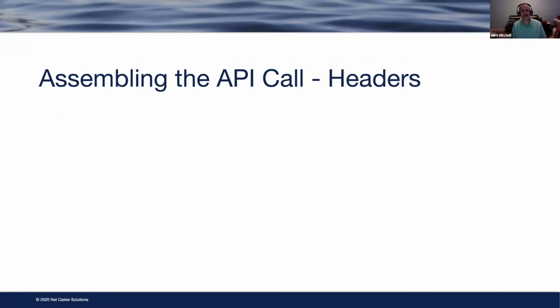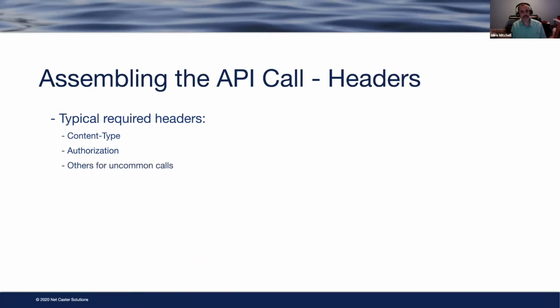Okay, so headers. Typically, the content type and the authorization are required for Data API calls. Now, in some cases, there are other headers required; that's in the documentation if you need it. So for example, -H, which says header, content-type: application/json tells the server that the content type of this call is an application in JSON format.